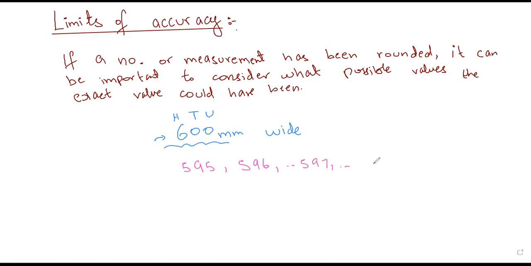It could be that the value was 601, 602, and so on up to 605, but this would not be included, because if it was 605, the rounded figure would have been 610, right? So what we know is that the possible values could be all these, but less than 605 and greater than or equal to 595. Do you understand?